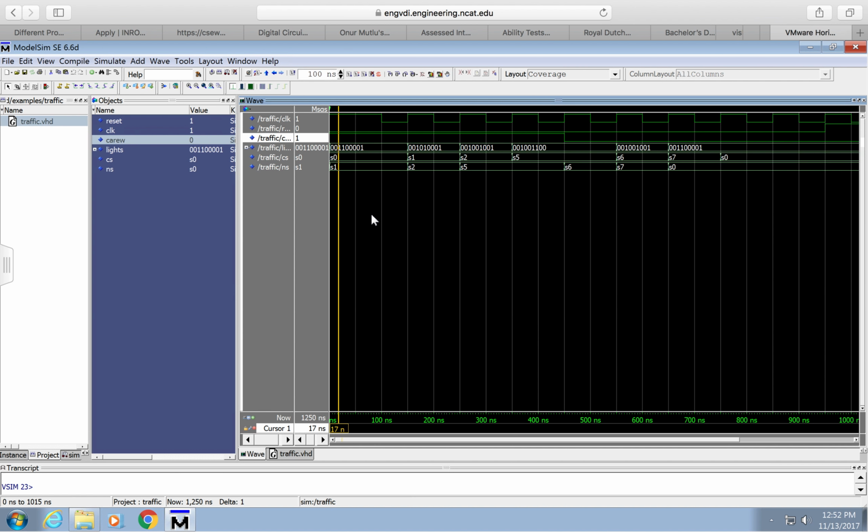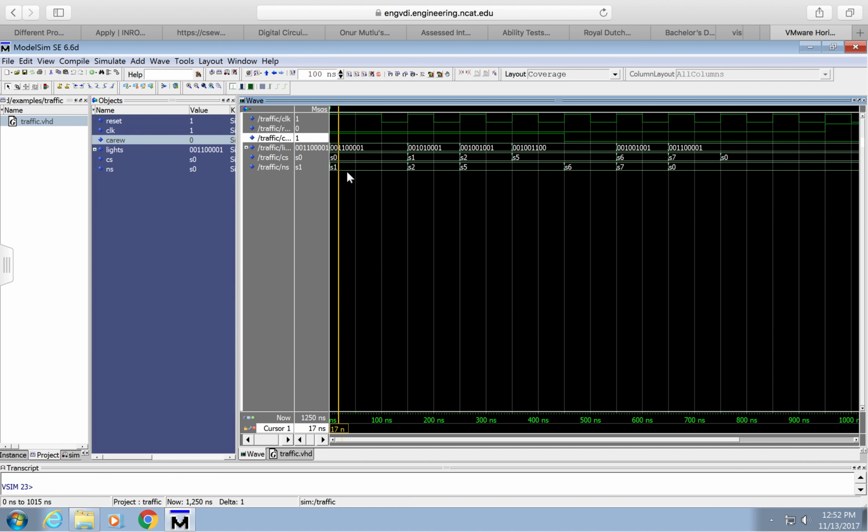So to give you a demonstration of that, when I'm at state 0, I know it will remain at state 0. Oh no, sorry. It will go to the next state of state 1 if it does detect a car.